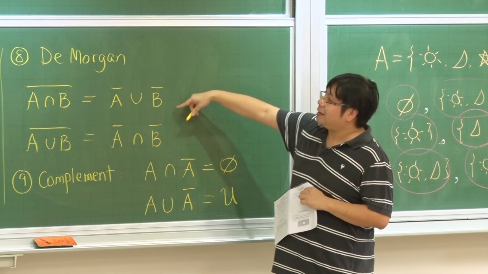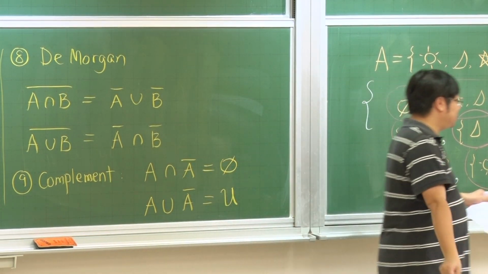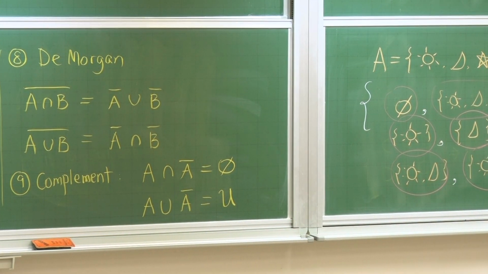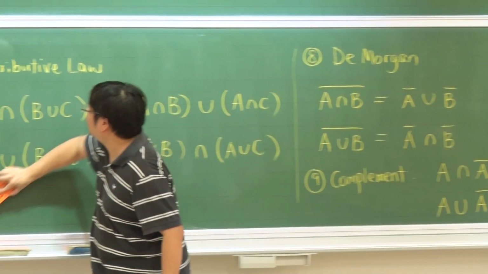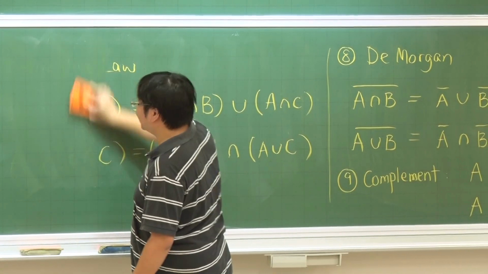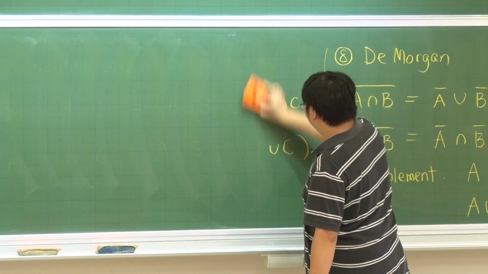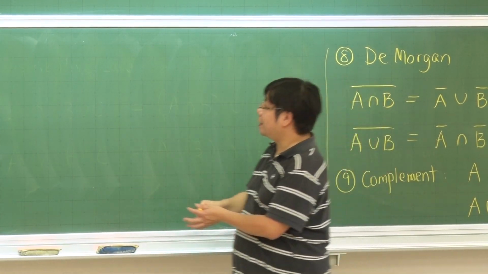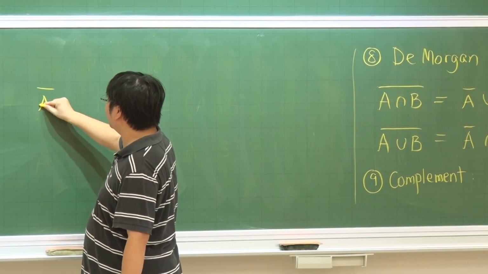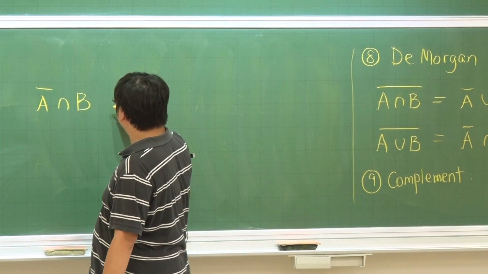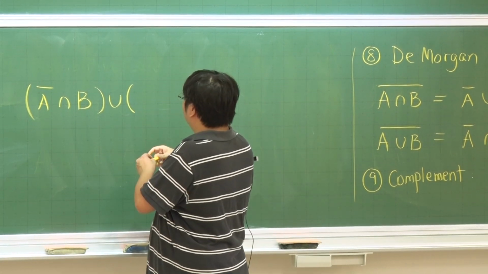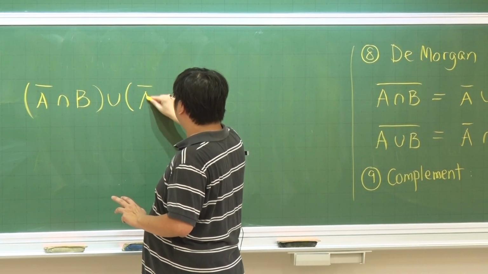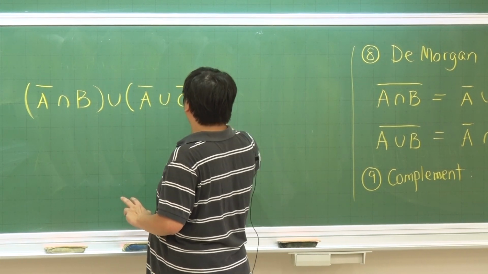But De Morgan's law is very interesting. Just to remind you what De Morgan's law is, or how amazing it is, you can write down something like a very difficult proposition, like A intersect B, and then or A union C. Okay, something like this.